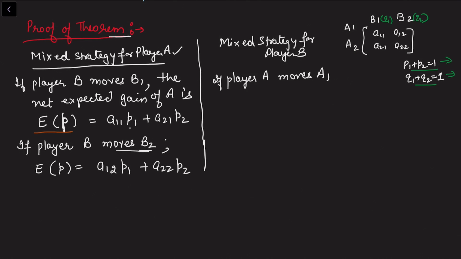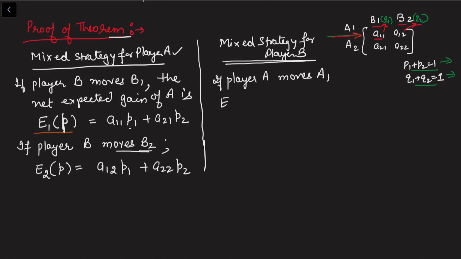And on the other side, we now see the mixed strategy for player B. Suppose we fix that player A uses A1. That means B1 and B2 can come with probability Q1 and Q2. So if A1 is fixed, A11 can come with Q1 probability, A12 can come with Q2.